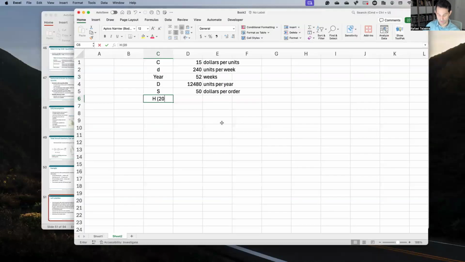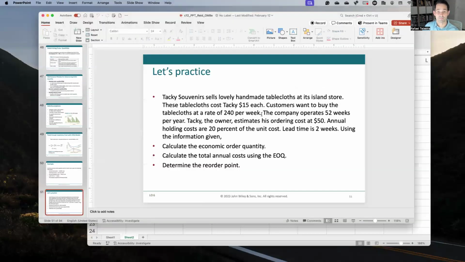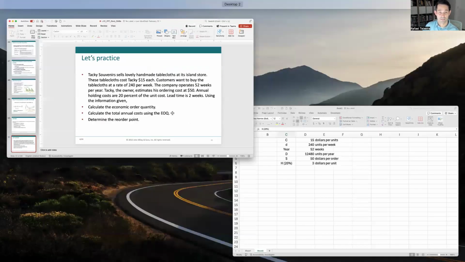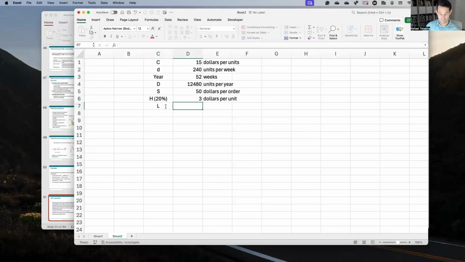So H is 20%, 0.2 times $50, which is $10. That's $10 per unit. Remember that my holding cost has to be in dollars per unit. In this problem, I just have the percentage of the cost, so I compute and get the dollars per unit. The lead time is 2 weeks. Okay, so let's go to the problems.